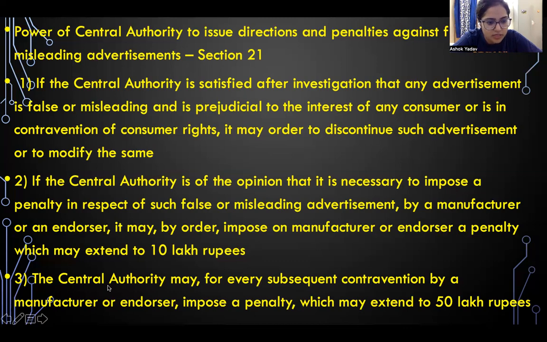Now, the central authority may, for every subsequent contravention by a manufacturer or endorser, impose a penalty which may extend to 50 lakh rupees. So when you commit such a mistake, for your first mistake you will be held liable to the extent of 10 lakhs. But if you repeat that mistake and you are still advertising through misleading advertisements, then the liability will be increased to the extent of 50 lakh rupees.